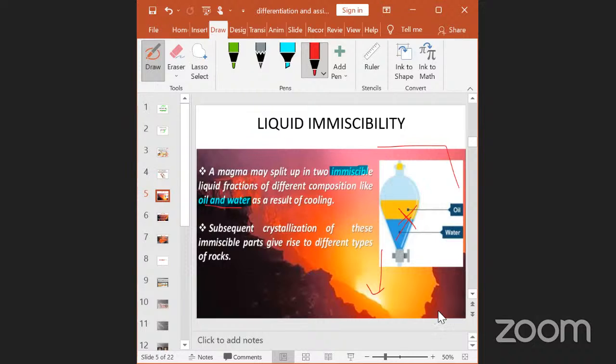A cooling magma will sometimes precipitate droplets of a second magma that has an entirely different composition, like oil in water. So the two magmas will not mix, right? This is the liquid immiscibility.